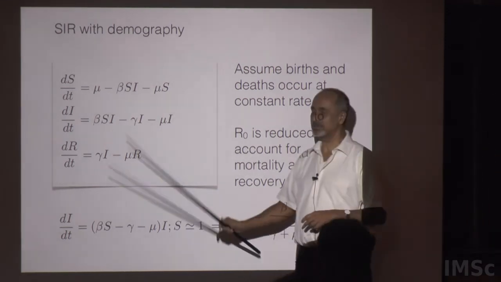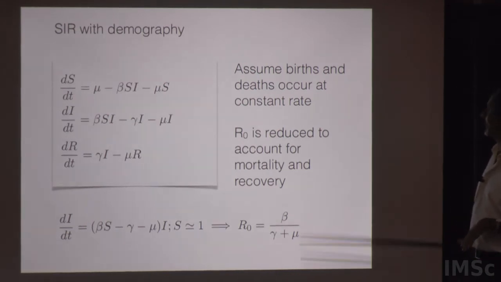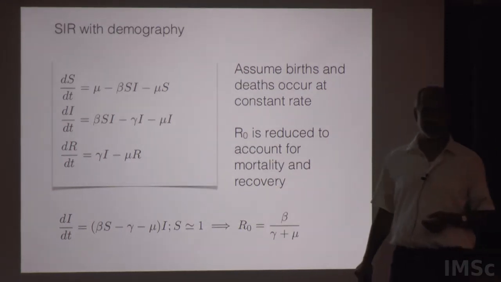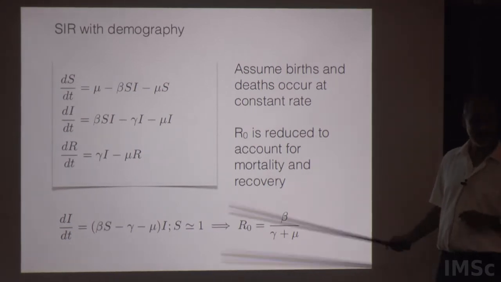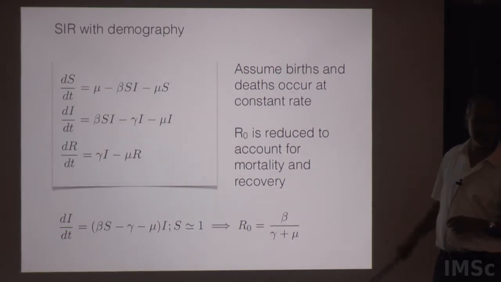So, what is the interpretation of mu? Have I given you the answer? No, I have given the answer. The answer is births, because people who are born at rate mu are born into the susceptible compartment. The other part to it is deaths, and we assume that people can die at an equal rate from here, and here, and here.